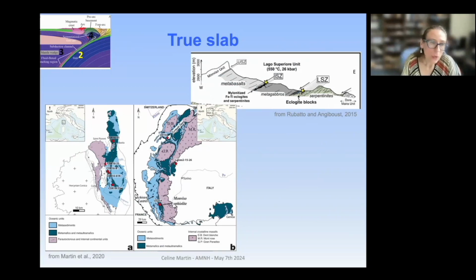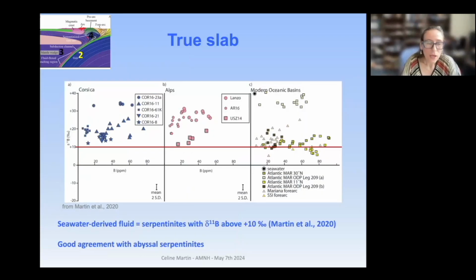Another well-constrained area is true slabs. So we have a bunch of samples from Corsica as well as from the Alps, even if these samples are sometimes called meta-ophiolites. I think everybody agrees that Monviso is an actual piece of subducted slab. And when we analyze these samples, they are all above 10 per mil and very similar to the modern oceanic seafloor serpentinites.